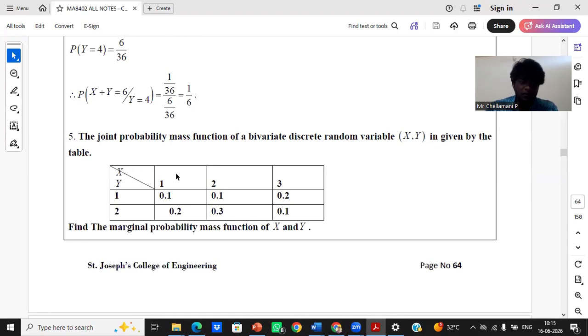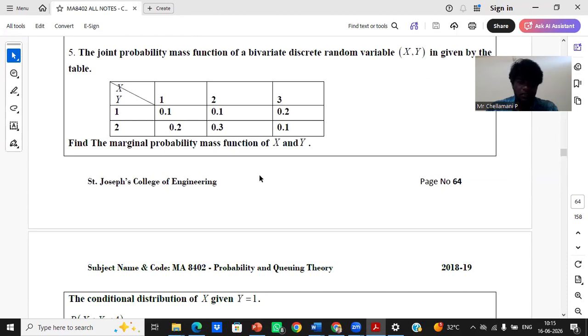Our x values are 1, 2, 3 and y values are 1, 2, and the corresponding values are 0.1, 0.1, 0.2 and 0.2, 0.3 and 0.1. Our question is to find the marginal probability mass function of x and y.